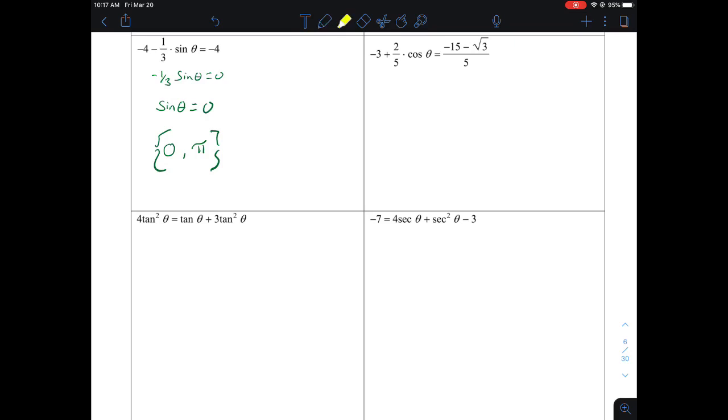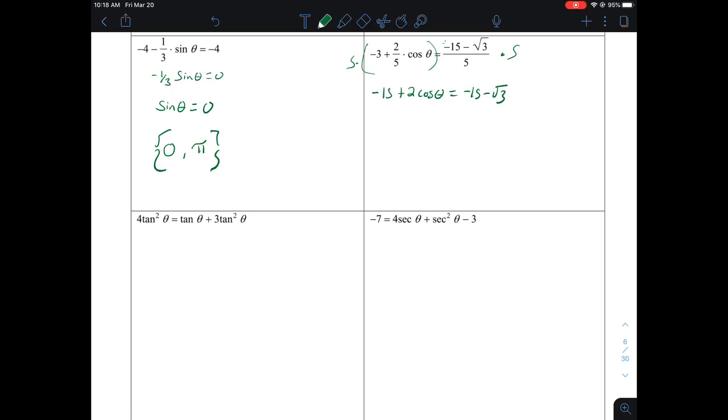In fact, because the entire right side is being divided by 5 and I have that 2/5, I'm going to multiply the whole problem by 5 right out of the gate. So I'm going to times both sides here by 5, and I'm going to rewrite. That gives me -15 plus 2 cosine of theta is equal to -15 minus the square root of 3.